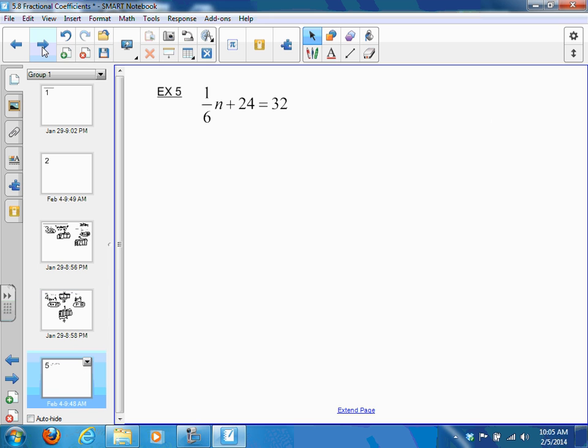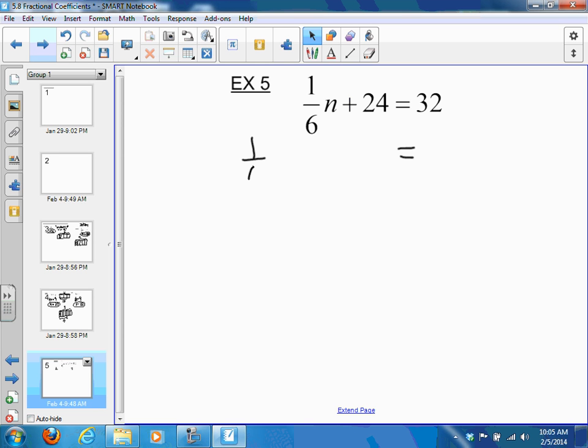Now, for our last problem here, we have a couple of terms with a fractional coefficient. All right? So what do you think we need to get rid of first? What do you think we need to do first, Hannah? We got to eliminate that constant first. So I have 1/6 n plus 24. So Hannah, what are we going to add to both sides? Plus negative 24. Good.